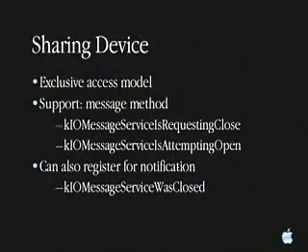So how do we share a device? Well, Dave's going to talk about this. Okay, so let's talk a little bit about device sharing now. The IOKit model for using a particular object down in the kernel, whether it's a USB interface or a USB device object, is that it's exclusive access. Only one thing can be accessing that particular object at a time.